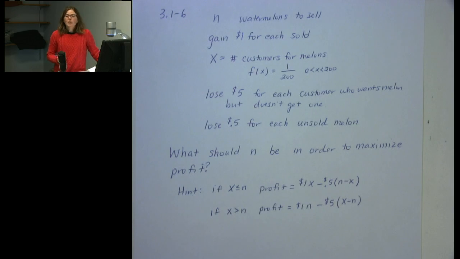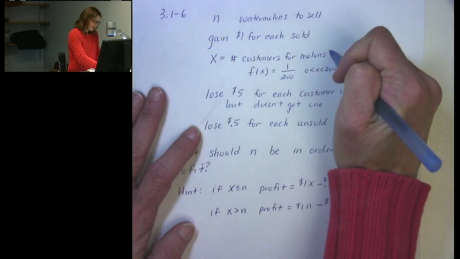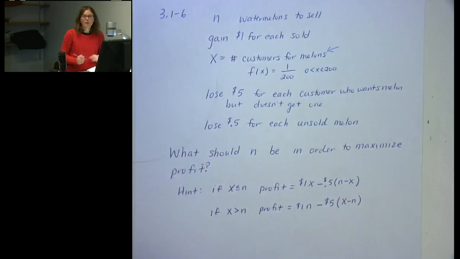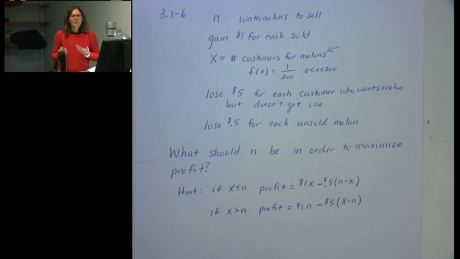Now, one thing I just want to note about this problem is if we really, really think about it, the number of customers who want to buy watermelons is actually not continuous, right? It's countable. We can't have 1.37582 customers wanting to buy watermelons. It's a discrete, countable thing.